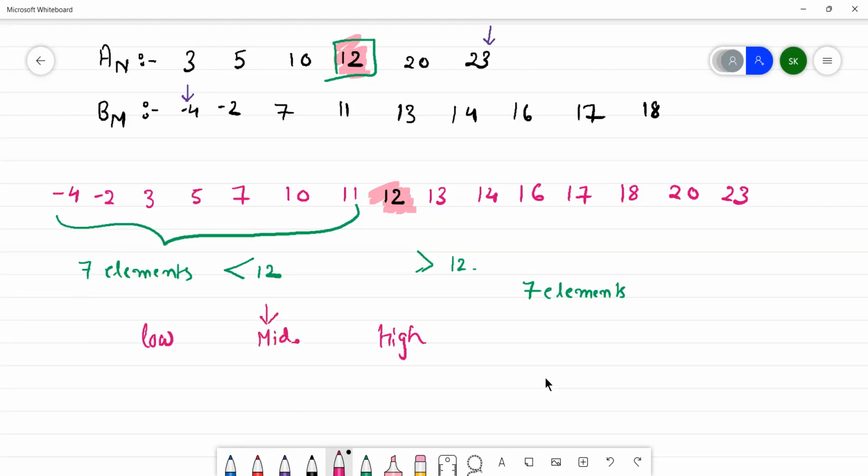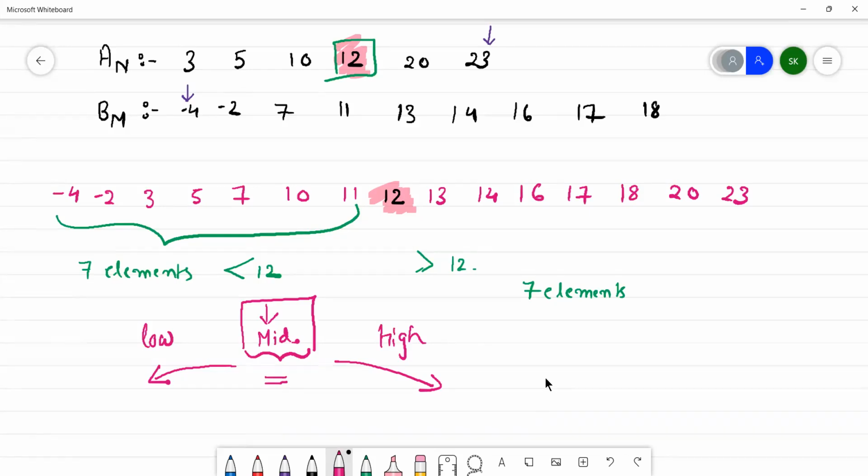For that particular mid, find out how many numbers are less than this mid and how many numbers are greater than this mid. If at any point they are equal, that particular number is going to be your middle number. Is everyone able to follow this?